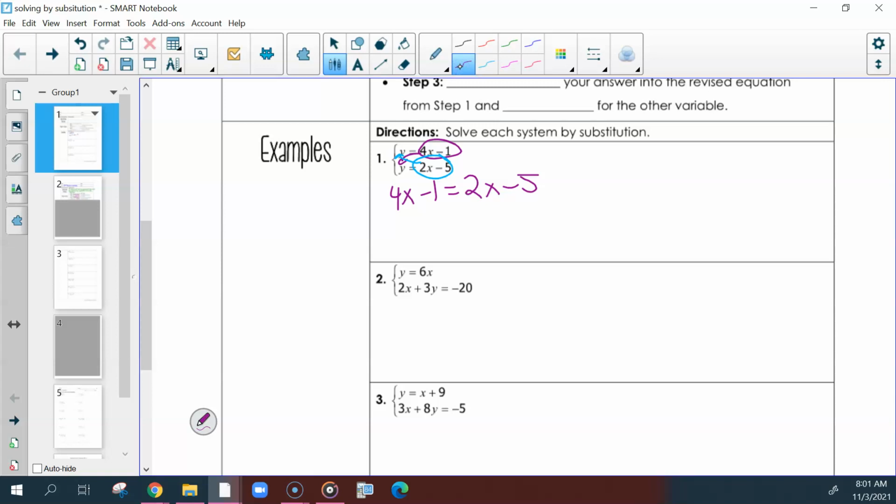I get all the variables on one side, all the constants on the other. So I'm going to start by subtracting 2x and then adding 1. So this would give me 2x equals negative 4. I could divide both sides by 2, and x would be negative 2.